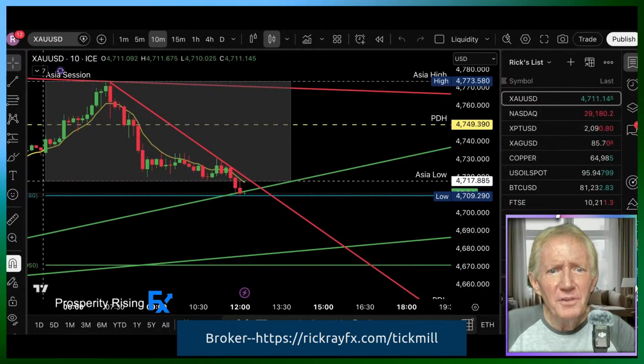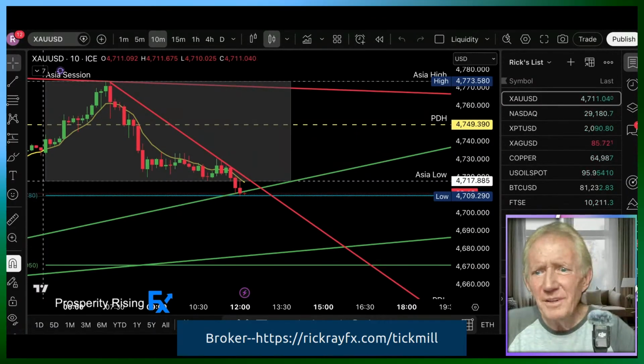Let's see how that looks. Just stand by while I get my trade set up here and see how everything looks. Oh, okay, that's a very tight stop loss. Good. Yeah, I like that. 47.22. I'll just put that on the chart there.